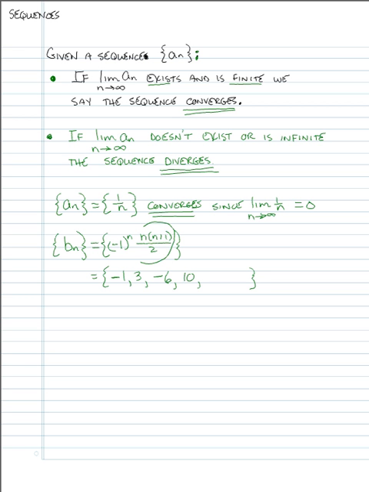The numerator is getting larger, but we're always dividing by 2. And so whether we're positive or negative, that fraction is getting bigger and bigger and bigger, isn't it? So this actually diverges. In this case, the limit doesn't exist at all, okay? It diverges, since the limit of b sub n does not exist. It's not even infinite.